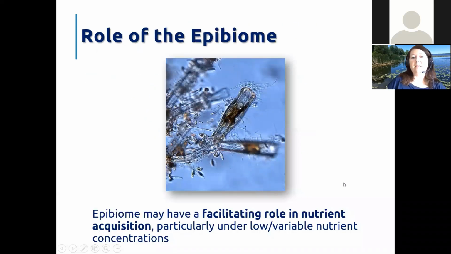So one way of getting at what could potentially be driving macroalgal blooms is zooming in on what's happening at the micro scale. And so this is the role of the epibiome. This is basically a term meaning on top of, so the microbiota that are growing on top of the macroalgal cells, because they're large. So this is Didymosphenia.